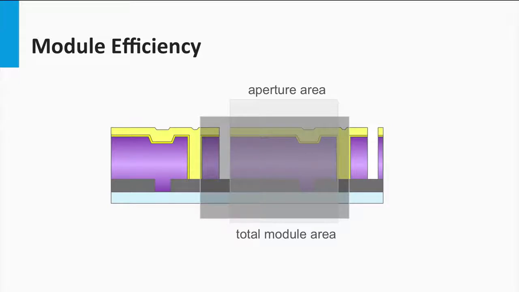Total area means that the entire module area is considered when calculating the conversion efficiency. This area includes the dead area created by interconnection and the edges of the module. The record efficiencies of 1 square meter modules are in the order of 13%, whereas the aperture area efficiency are just above 14% as confirmed by NREL.